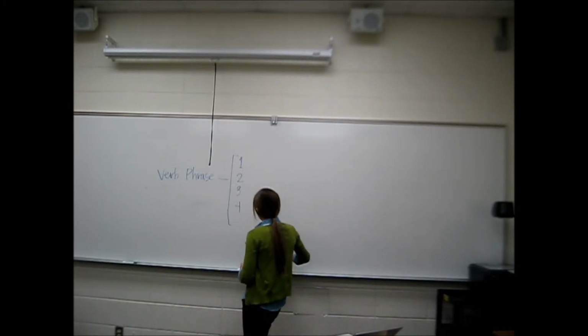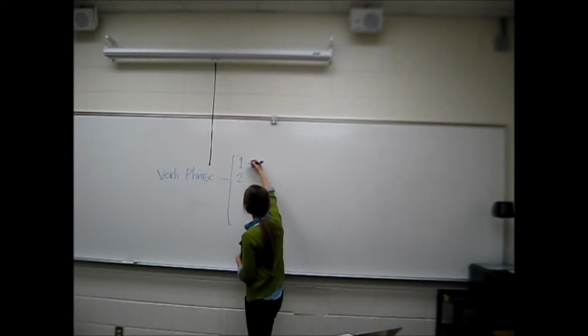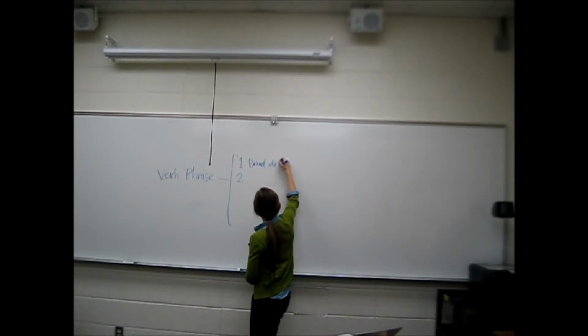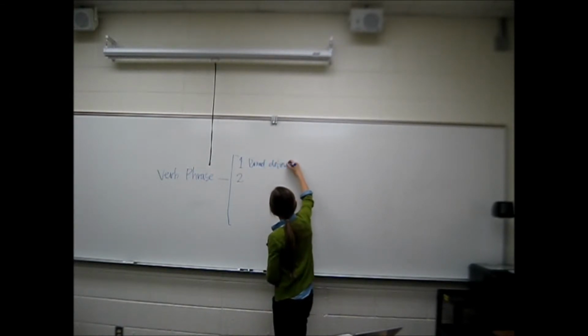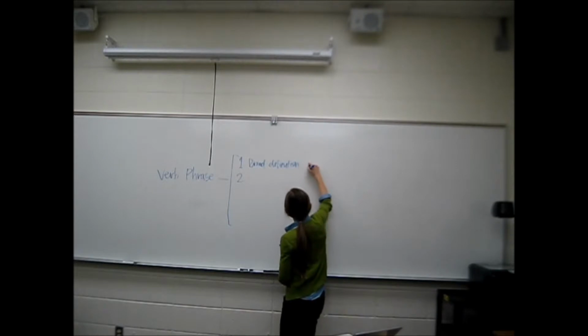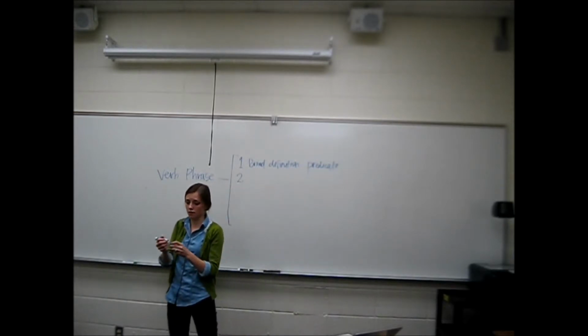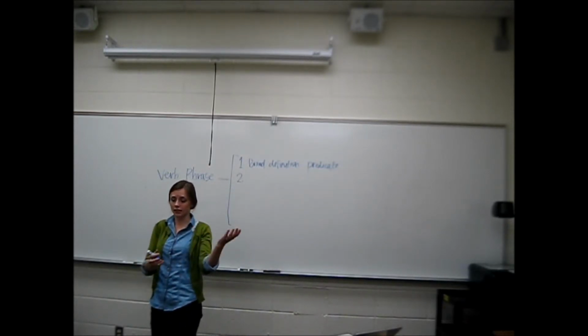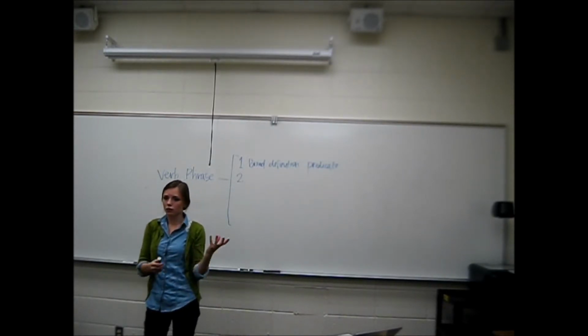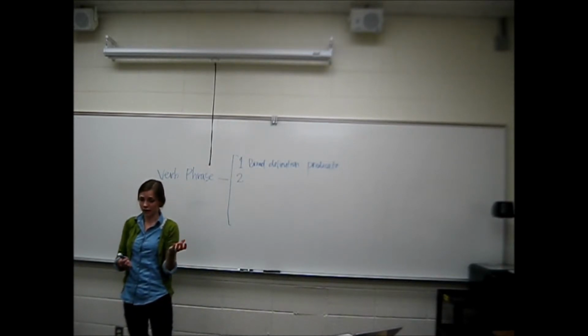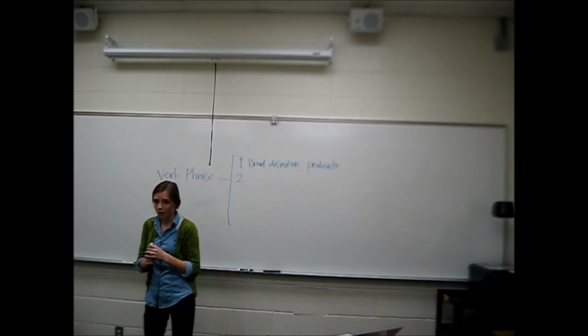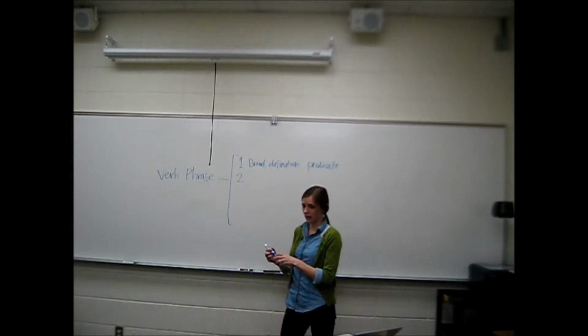So the broad definition is basically a predicate. So we talked earlier about how sentences have subjects and predicates. So subject is basically your noun phrase, and predicate is basically your verb phrase in this broad definition.